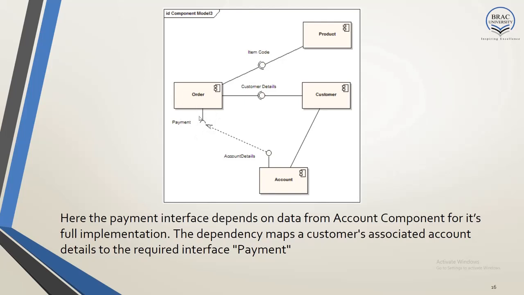So the payment interface is dependent on the account detail interface for data, because whenever the order component needs to process a payment, it needs to get the account detail from the account component. That's why they have a dependency relation with each other through this required and provided interface.